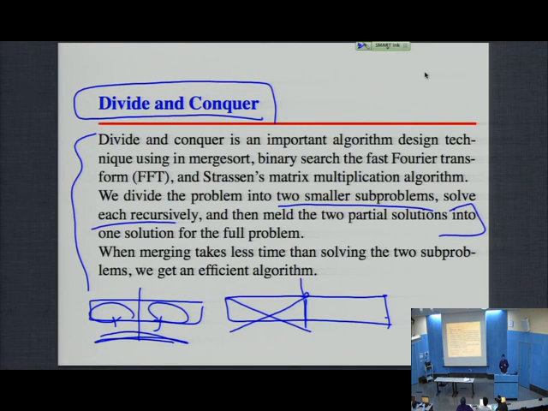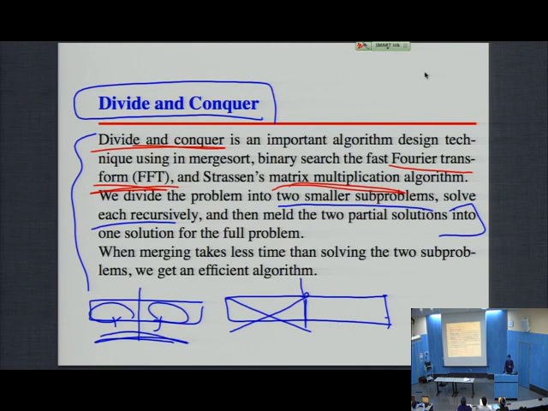Okay? And there are a bunch of algorithms that are well known and famous, that we're not going to discuss in this class, that are based on divide and conquer. It's an important idea. If you know about Fourier transforms, the FFT is solved by a divide and conquer algorithm. If you don't, don't worry about it. You know about matrix multiplication.